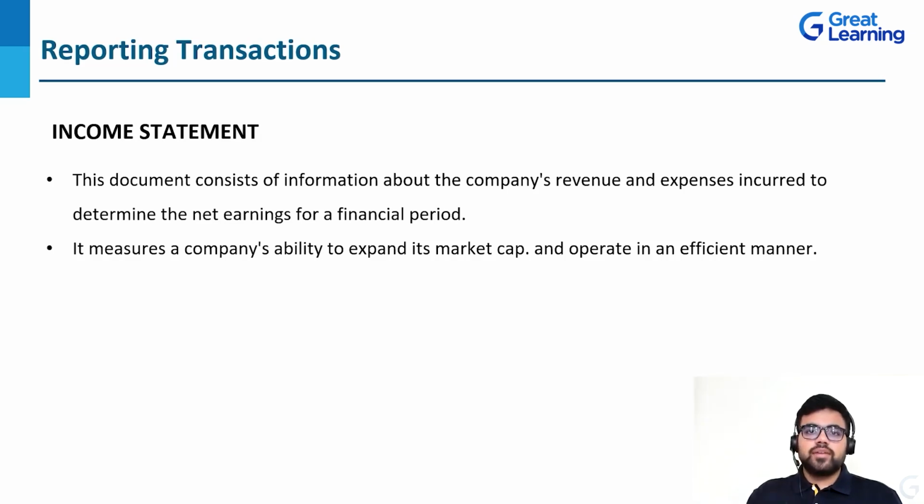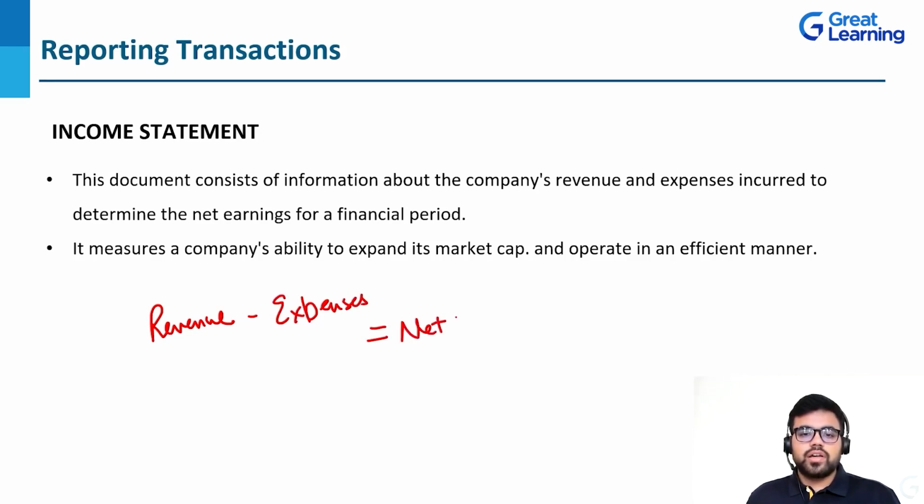Just like the balance sheet had an accounting equation, this too has an accounting equation of its own. In this case, the revenue earned by the company minus its expenses gives us the net income. Now, net income can be either profit or loss.